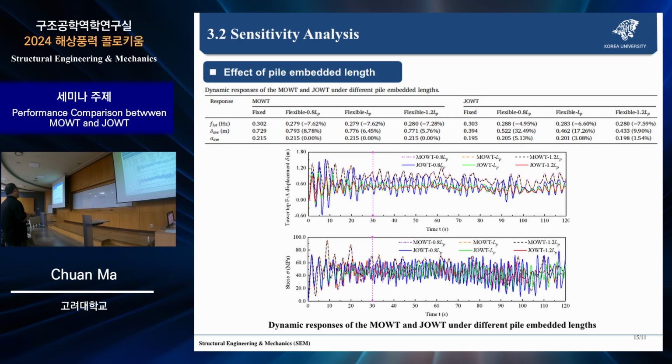So the jacket of the wind turbine is sensitive to the variation of the pile embedded length. But we can also note the maximum magnitude of the displacement and stress for the monopile of the wind turbine is still larger.